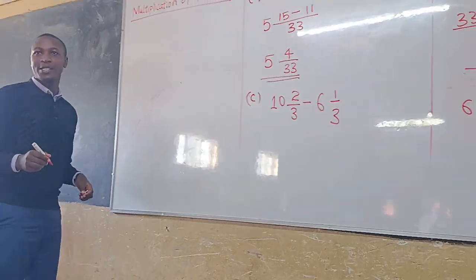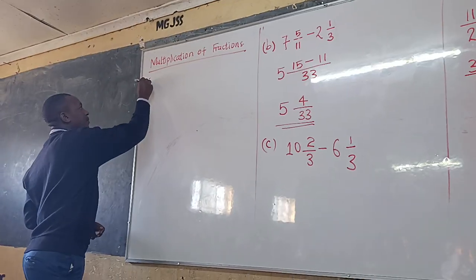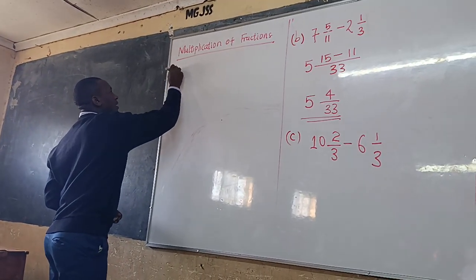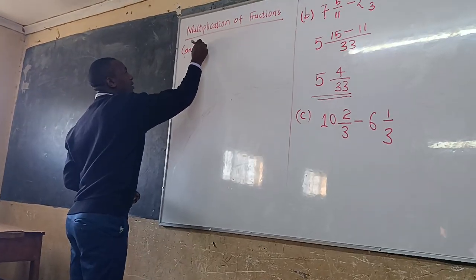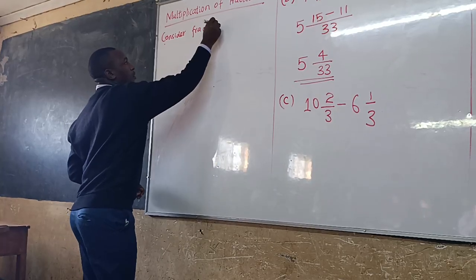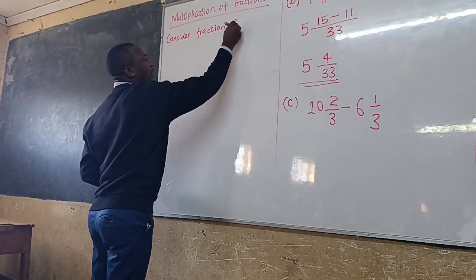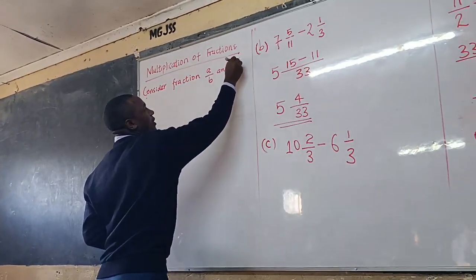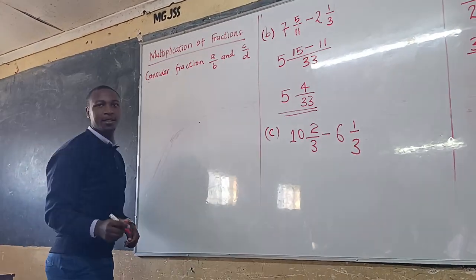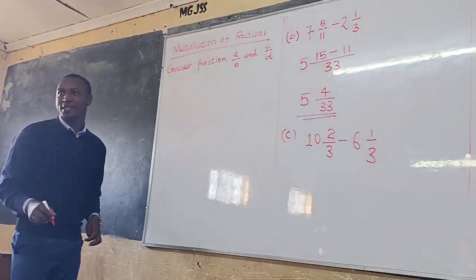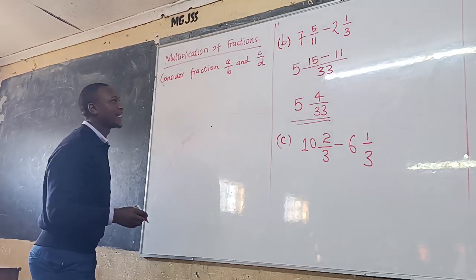If you have two fractions, consider fraction a over b and c over d. Those are two fractions. I'm just giving you some small notes so that you don't forget.